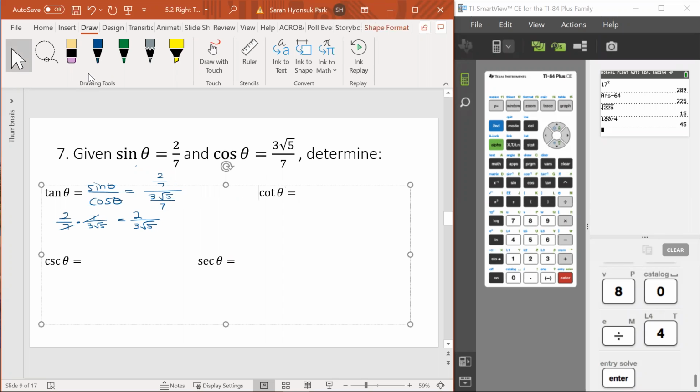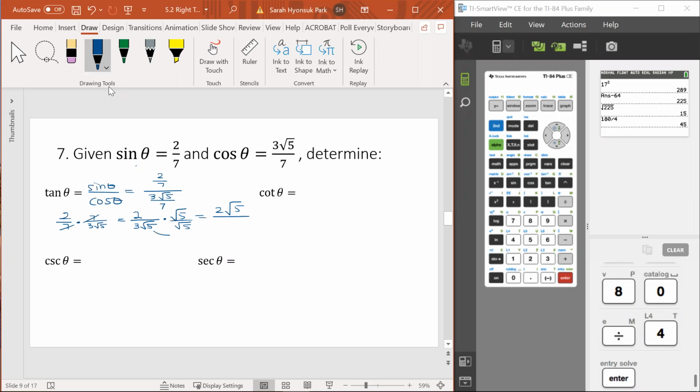So 2/√5, and again, we don't want radicals in the denominator, so we can multiply the bottom and top by √5. Multiply straight across, so then we get 2√5 over √5 times √5, which is going to give us square root of 25, which is 3 times 5, and that is 2√5/15.